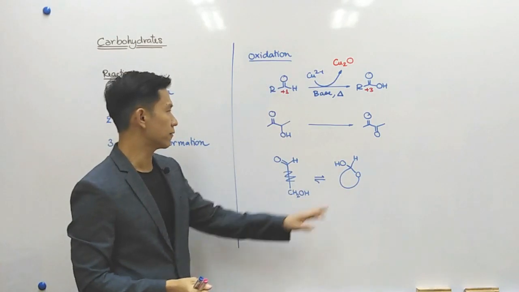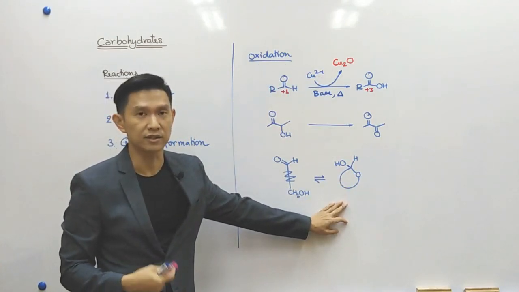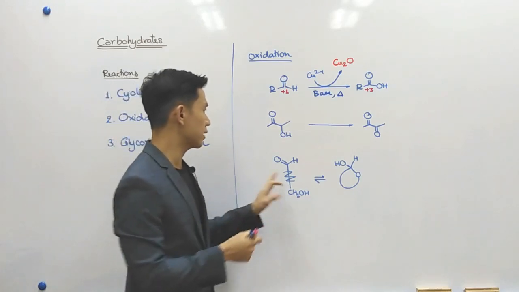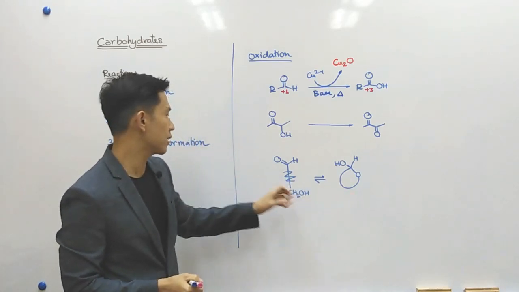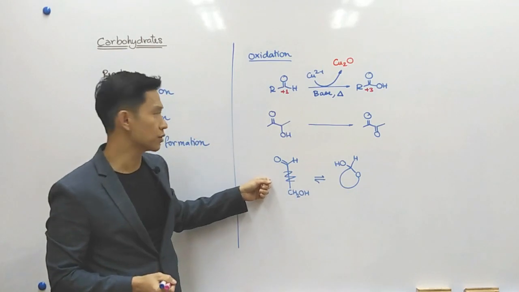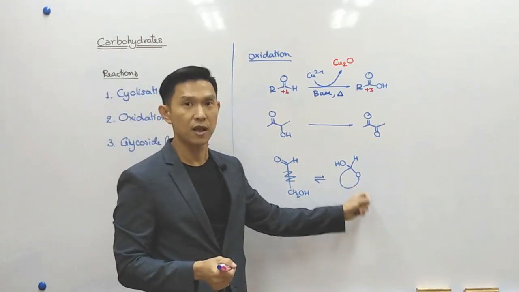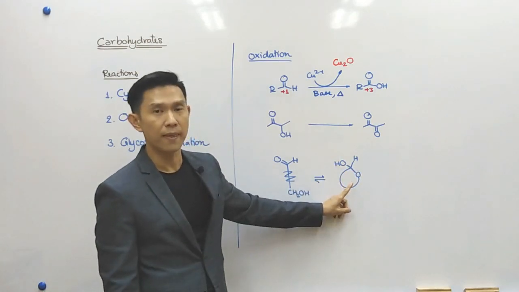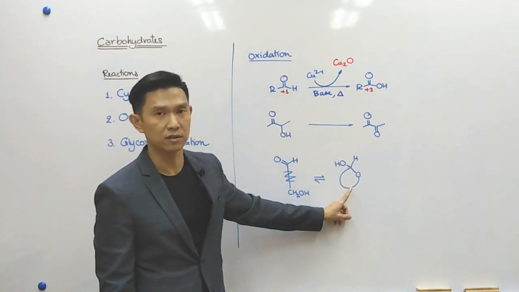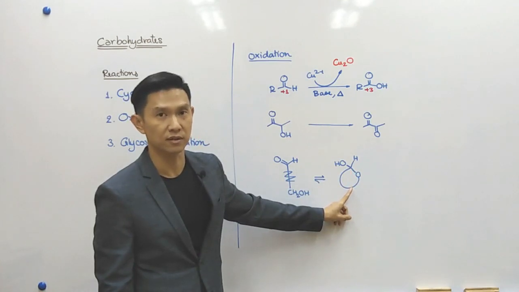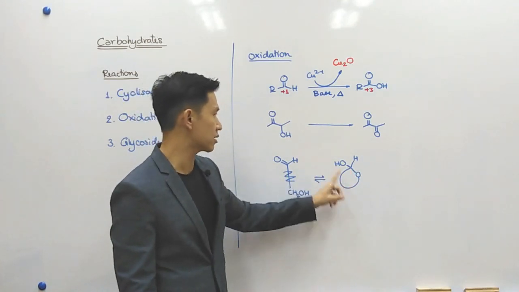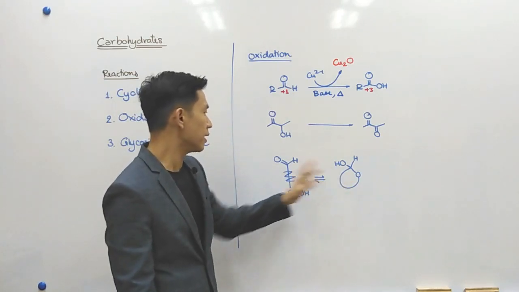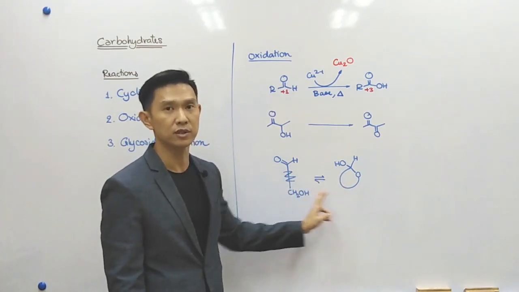So in the form of this cyclic structure, is this an aldehyde? Or maybe it can be ketone, but I just show you the aldehyde form. This aldose sugar cyclized to be something like this. But in this structure, you cannot see the aldehyde. That means this structure is inert to the oxidation process. Okay, this is the inert chemical form of the monosaccharide. But anyway, you have equilibrium between the two.